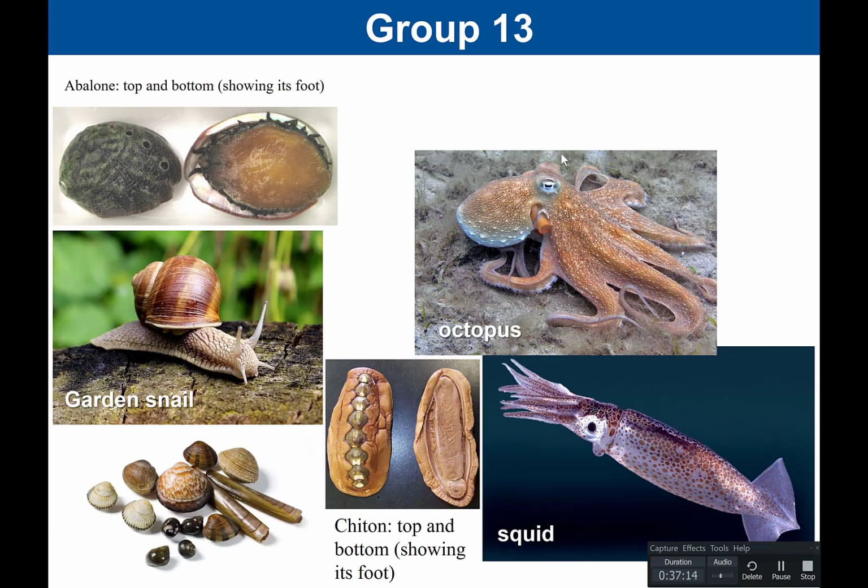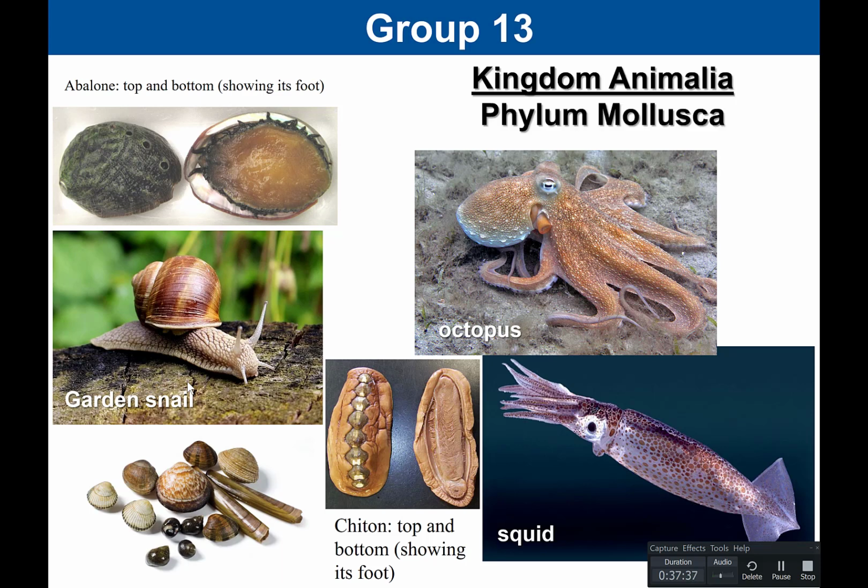For group number 13, this includes an octopus, squid, chiton, a garden snail, abalone, clams, etc. What classification are this group of organisms for group 13? Answer is phylum Mollusca. These are the mollusks.